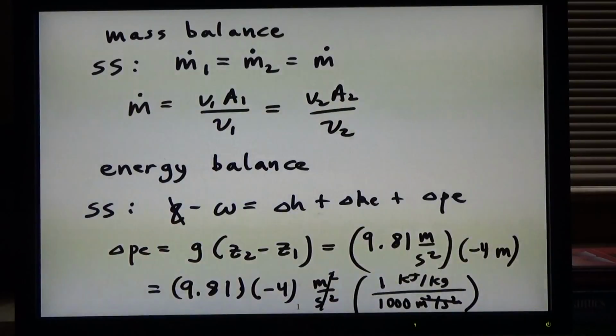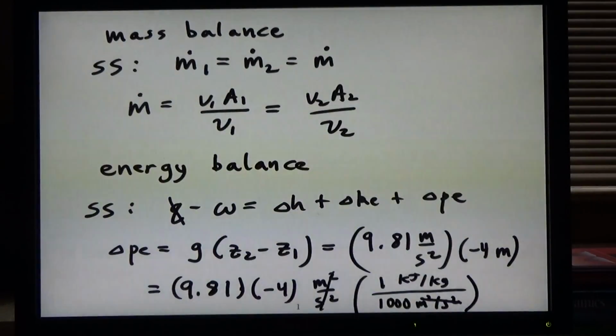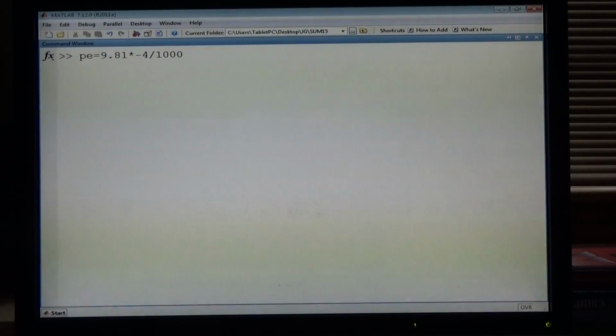Alright, so now that cancels out our units and we get back our answer in kilojoule per kilogram. So let's go ahead and take this to the calculator and we can try to figure out what is the change in potential energy. The change in potential energy is just equal to 9.81 times negative 4 divided by 1,000.